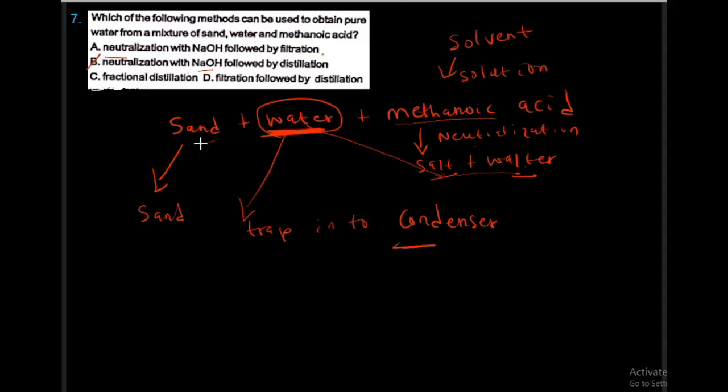If we filter out sand, we'll be left with water and methanoic acid. Can distillation take it out? No, no, no. Methanoic acid can actually combine with this. So we need to neutralize this first to salt and water before distillation. So I still go with option B. Option B is our correct answer here.